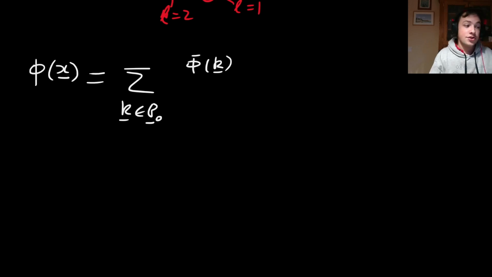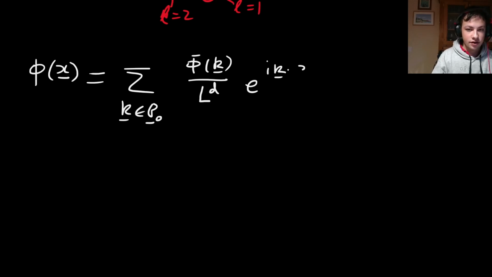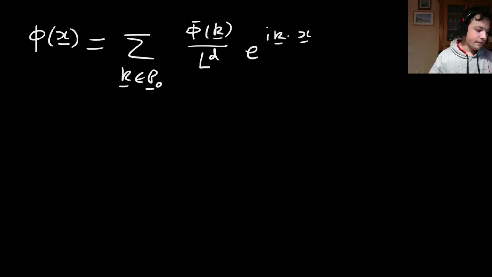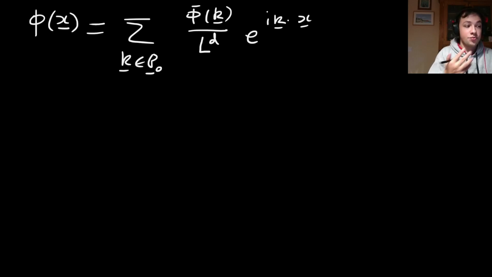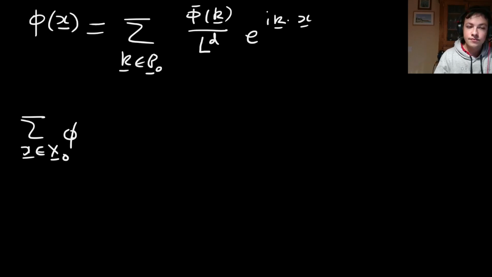These phi bar k's are just the coefficients divided by L to the d, e to the i k dot x. Okay, so this is just expressing phi of x in a new basis where phi belongs to f. And so then we can say that if we sum over the fundamental box phi x e to the minus i k x.